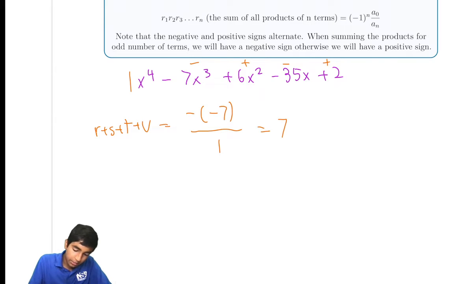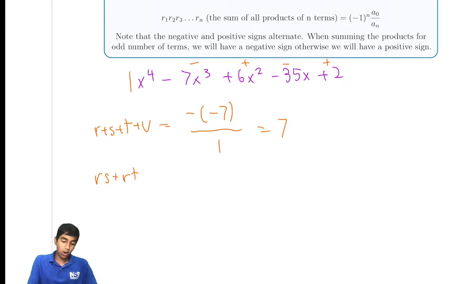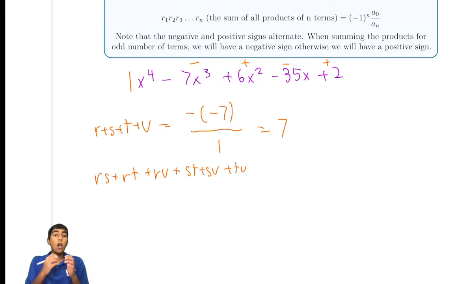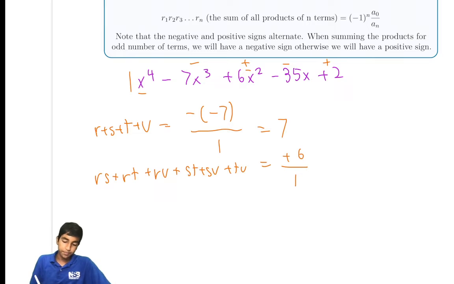And then this time, the sum of all the pairwise products. Now there's not just 3 sums, there's rs plus rt plus ru plus st plus su plus tu. The sum of all of those products of all pairwise terms is just positive 6 divided by 1, the coefficient of x to the fourth.